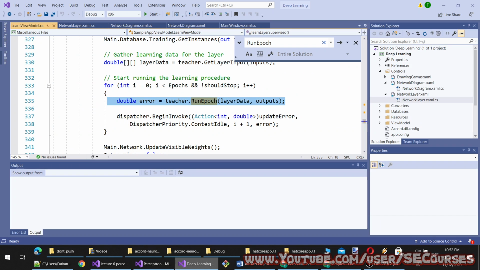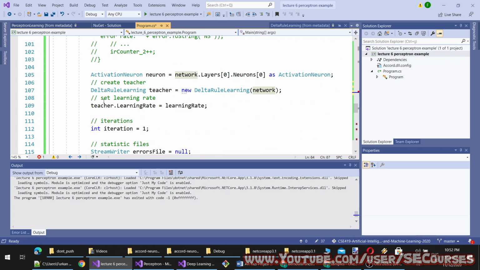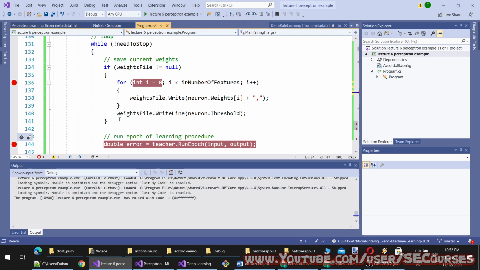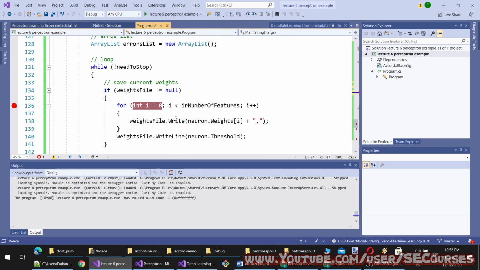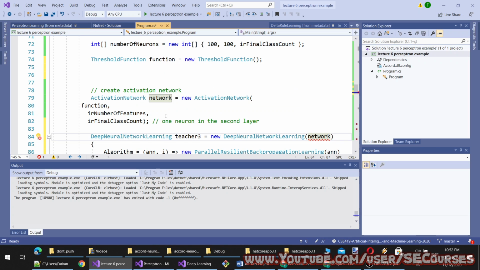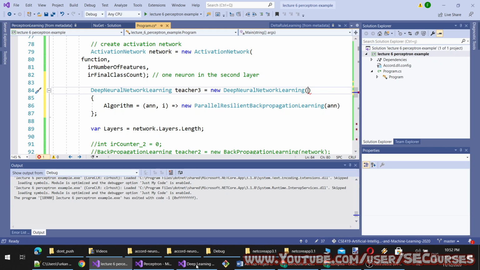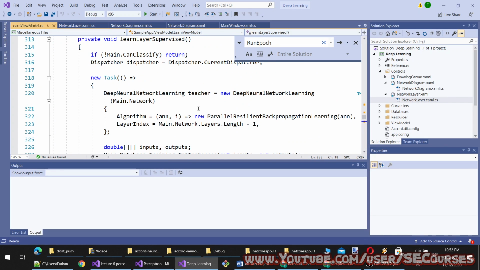Here I am going to use this tree network, and this is supposed to be a deep belief network, which is coming from here.